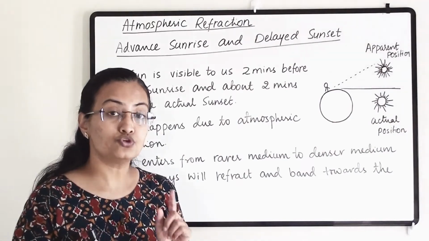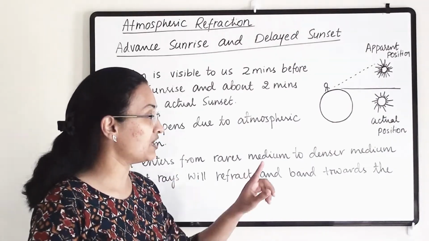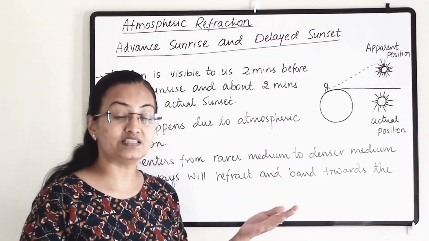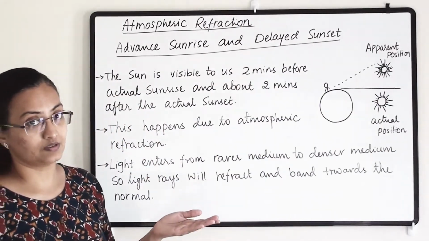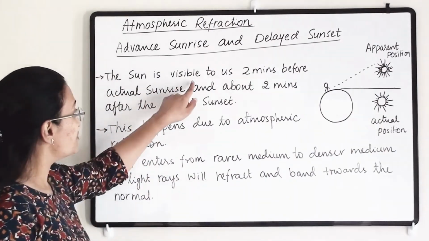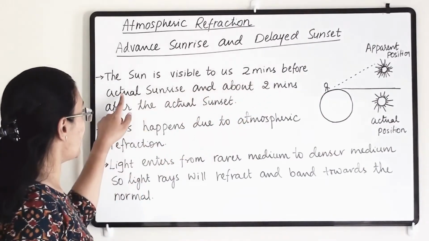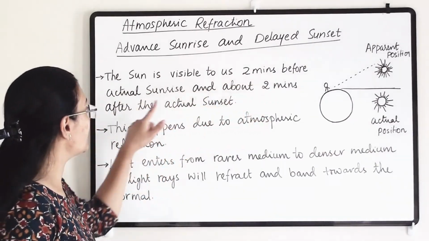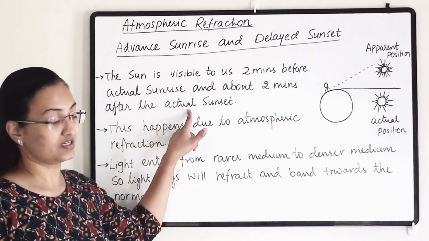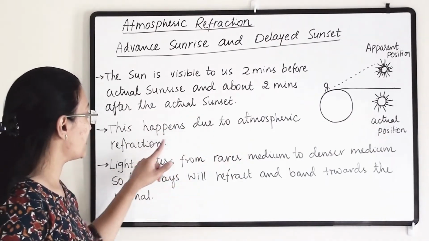But due to atmospheric refraction we'll be able to see it 2 minutes later and 2 minutes before. So the sun is visible to us 2 minutes before actual sunrise and about 2 minutes after actual sunset. This happens due to atmospheric refraction.